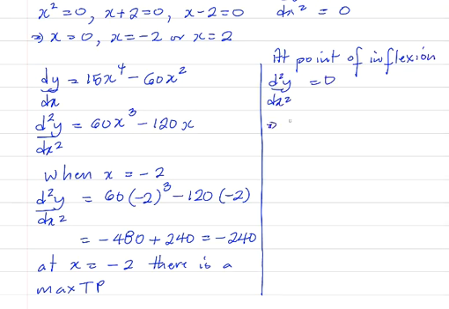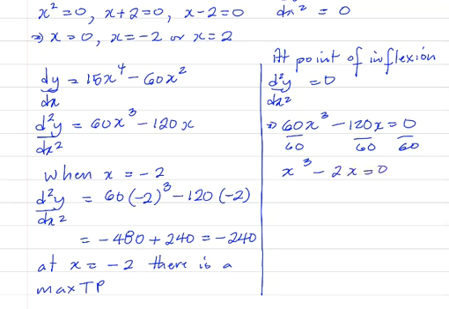So therefore 60x to the 3 minus 120x is equal to 0. Divide the entire thing by 60. We're going to end up with x cubed minus 2x is equal to 0. Factor out x: x times x squared minus 2 is equal to 0.